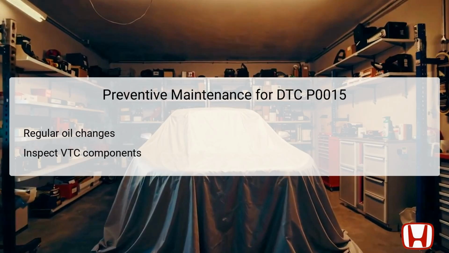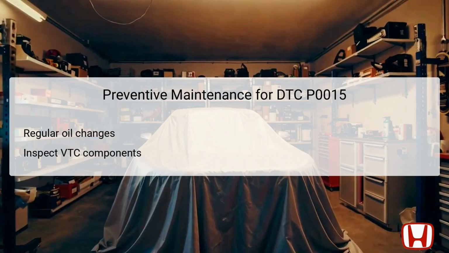To help prevent triggers of DTC P0015 in the future, regular maintenance of the vehicle is highly recommended. One critical aspect of maintenance includes timely oil changes, since clean oil is essential for proper lubrication of the engine components and ensures optimal functionality of the VTC system.